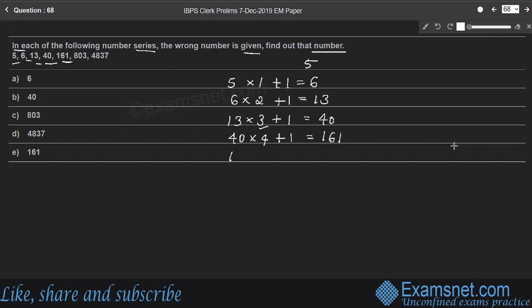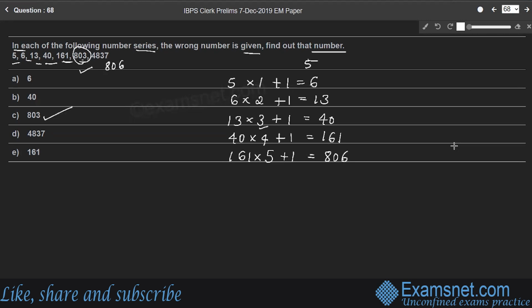Then 161 into 5 plus 1 is equal to 806. But in the given series, 803 is given. Instead of 803, the number must be 806. Hence, 803 is the wrong number.